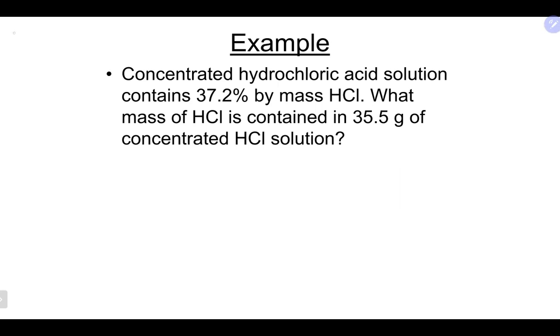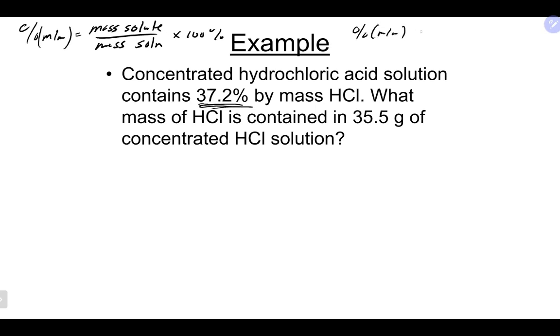So again, this is percent mass to mass as well, which once again is our mass of our solute divided by the mass of the solution times 100%. So in this particular case, we are given the mass to mass percent, which is 37.2%.